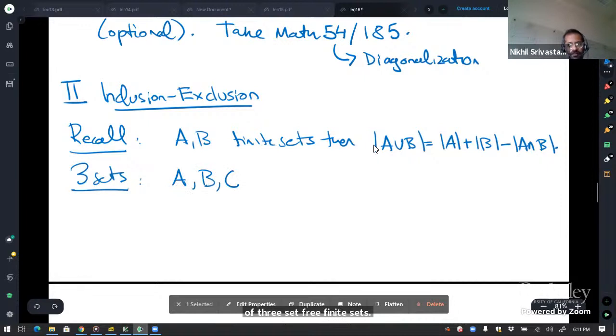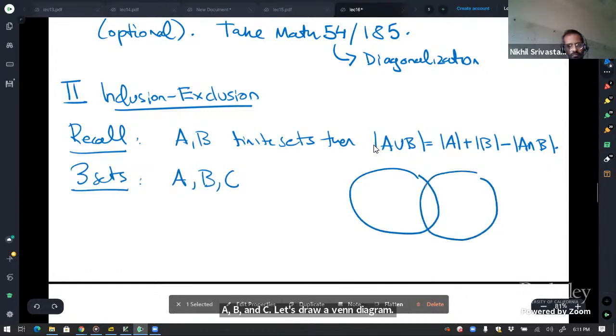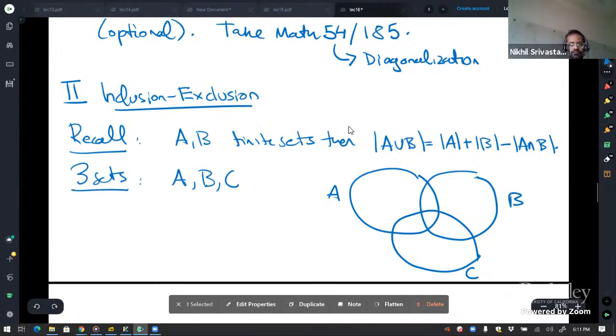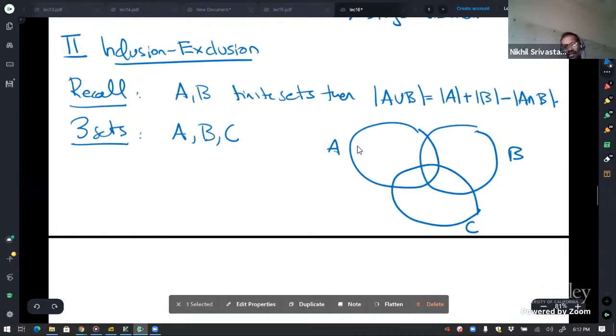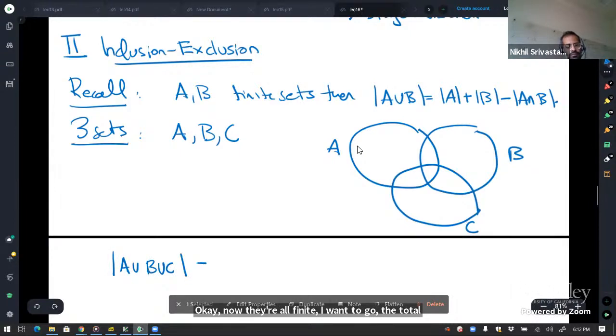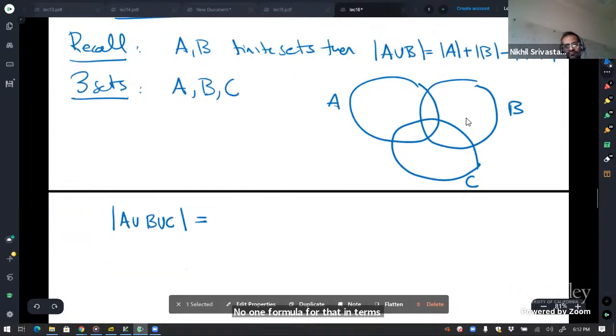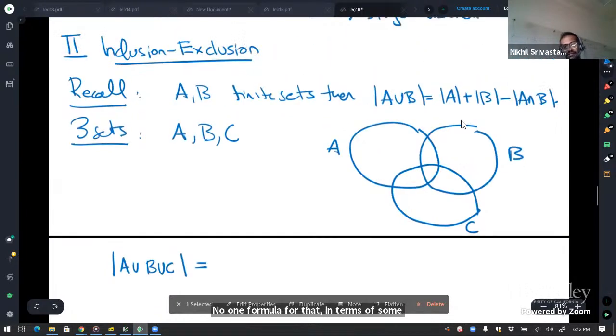Let's draw a Venn diagram. Now they're all finite. I want to count the total number of elements in A union B union C, and I want a formula for that in terms of some simpler quantities.